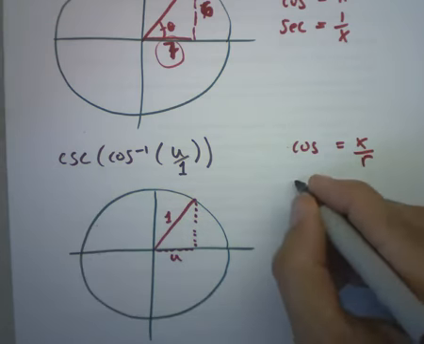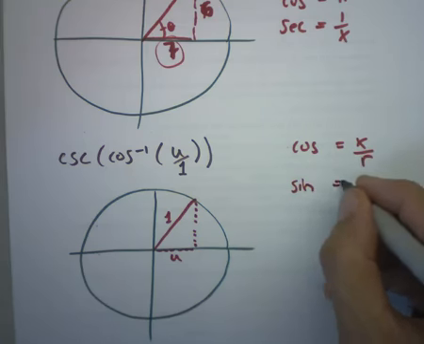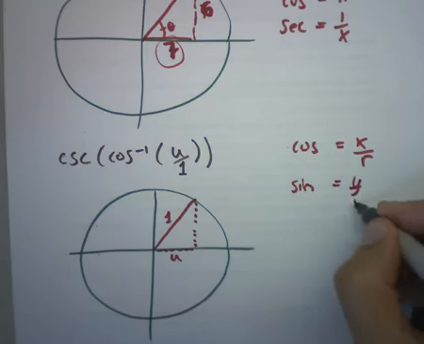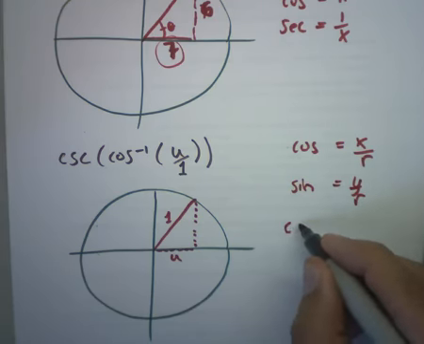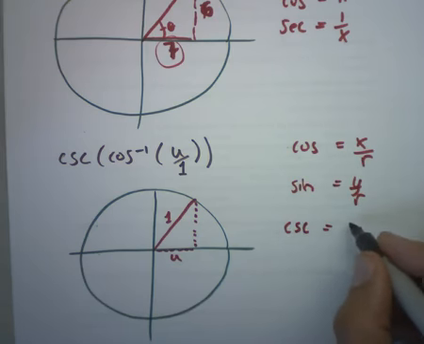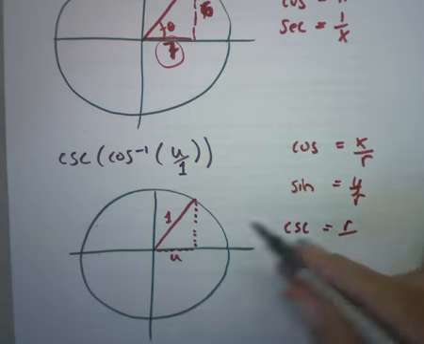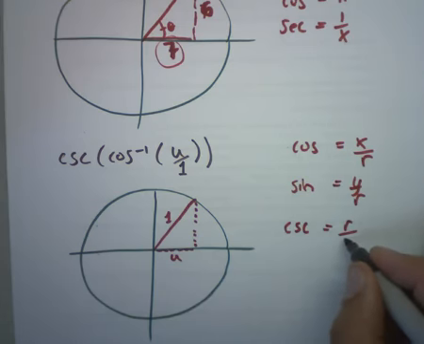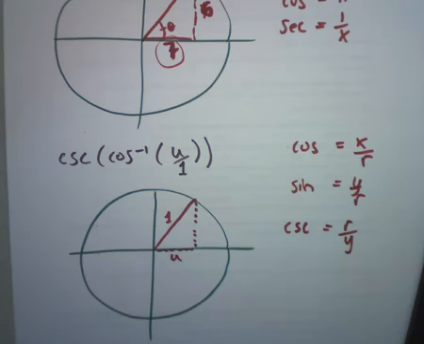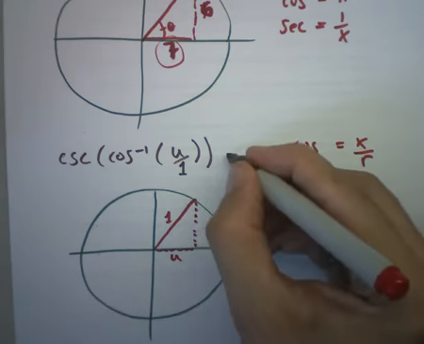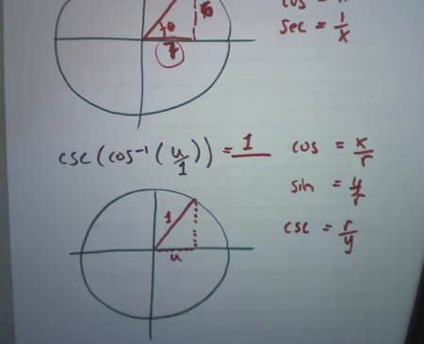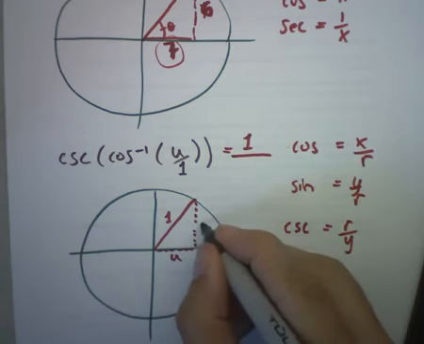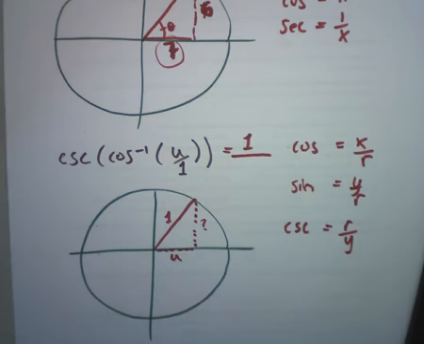So keep in mind that sine is the y-coordinate, or the y-coordinate over r if you're not on a unit circle. And cosecant is the flip of that. So cosecant is the radius, or 1 in our case, but in general the radius over y. So we need the radius, which we already know is 1, but it's going to be 1 over, and we need the y-coordinate here, and we don't have that yet.